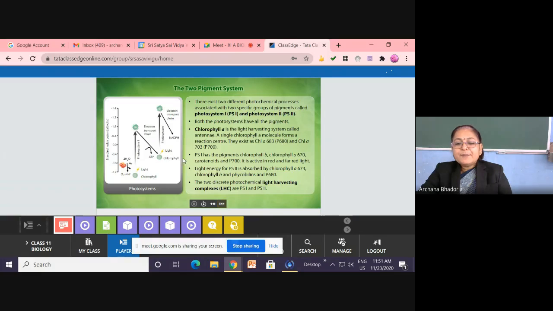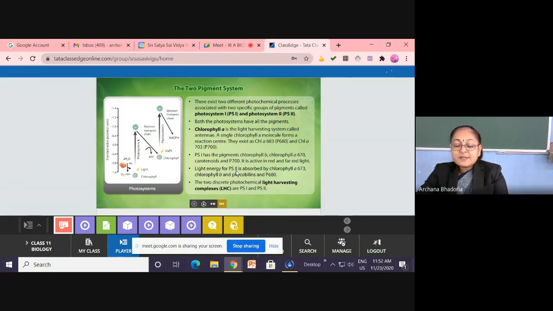Pigment system 1 has chlorophyll B, chlorophyll A, carotenoids, and it absorbs light of wavelength 700 nm. That is why we call it pigment system 1. The pigment system 2, children, has chlorophyll A, chlorophyll B, and phycobilins.